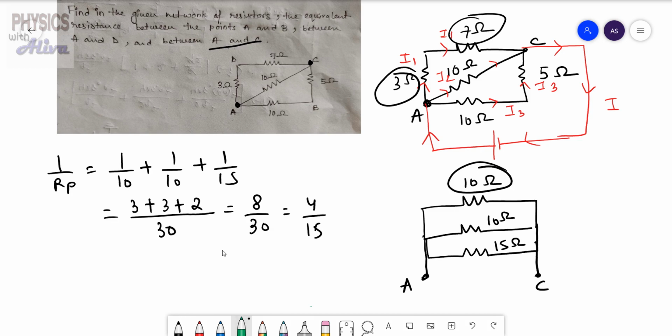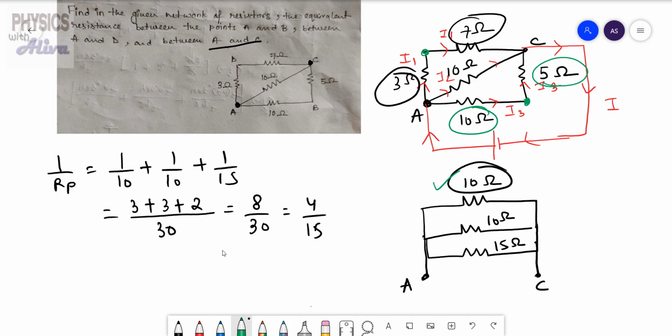Now we can see that this 10 ohm and 5 ohm are connected in series combination because the same current I3 is flowing through them and only one common junction is there. Similarly, between 3 ohm and 7 ohm only one common junction was there and the same current was flowing through them, so they are connected in series combination and we get a 10 ohm resistor.